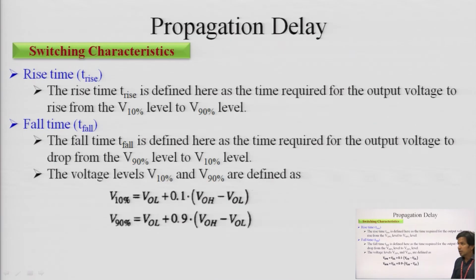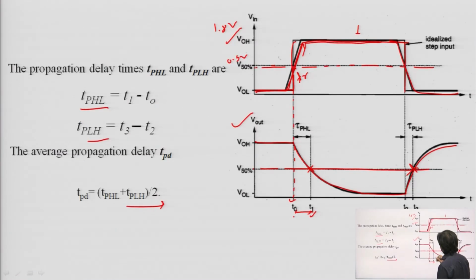Clear. Similarly, the rise time and fall time. What is rise time? The rise time is defined as the time required for the output voltage to rise from the 10% level to the 90% level. Okay. That we can see in the previous slide, this one. So, suppose this one is my 10% and this one is my 90%. Clear.